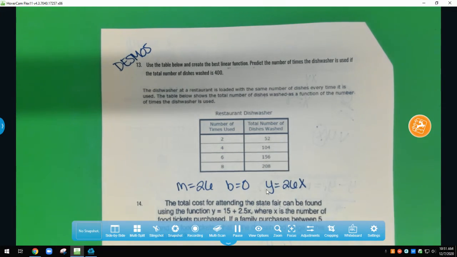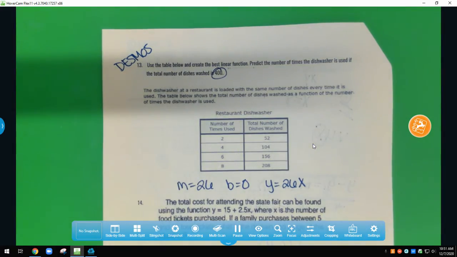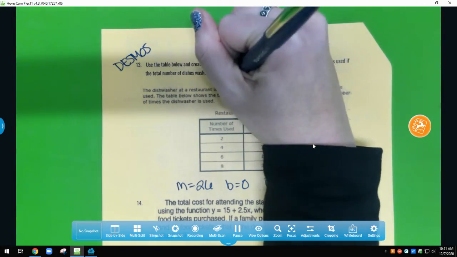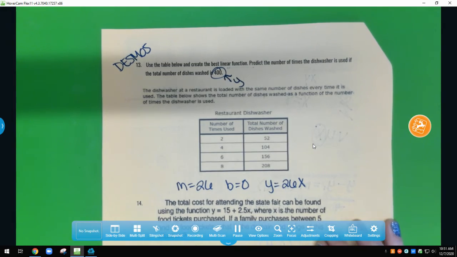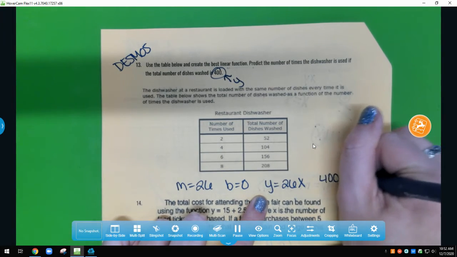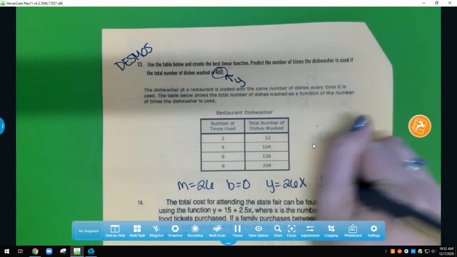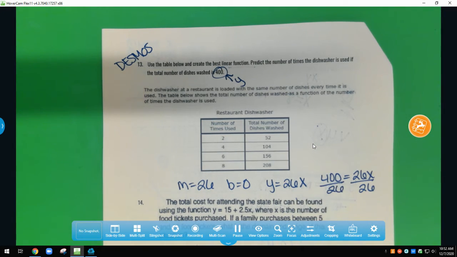So now to predict if the number of dishes washed is 400, that is my y value. So I'm going to plug that in. So I'm going to have 400 equals 26x, and I'm going to divide by 26.